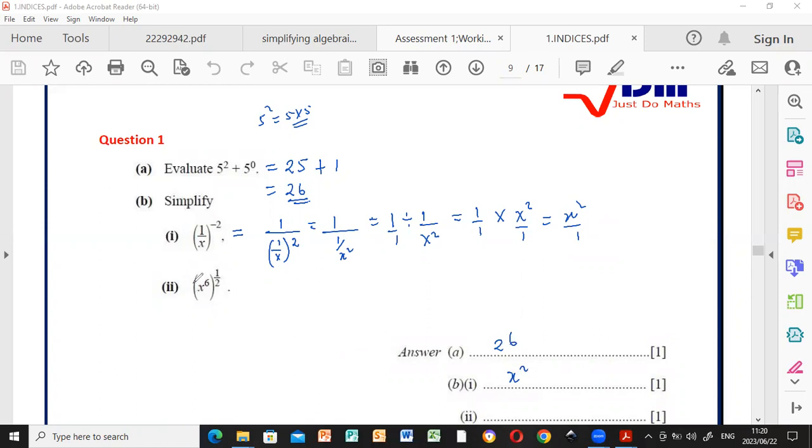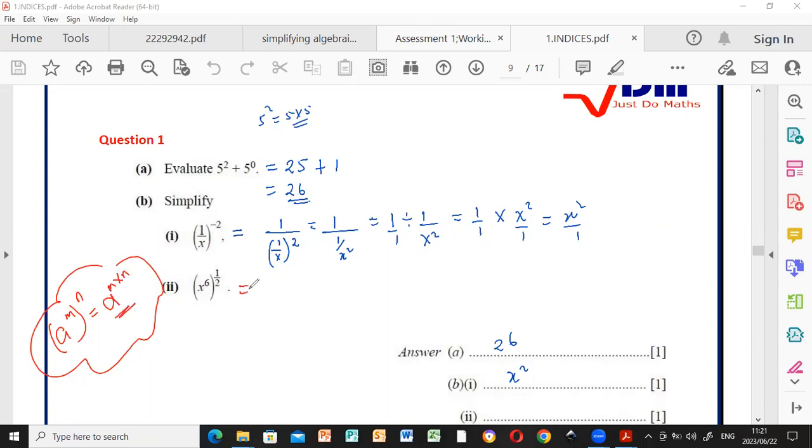If we go on part 2, we have x to the power of 6 to the power of half. So remember, there is a law, and this law says that when a power is also raised to another power, like here you're saying a to the power of m, to the power of n. So it is a power to a power. So we keep the base according to the law, and we multiply those powers.